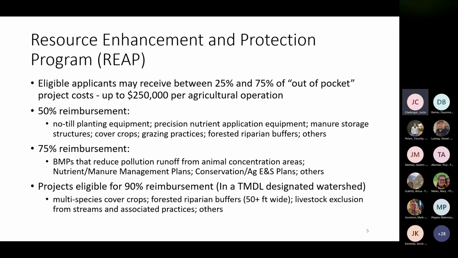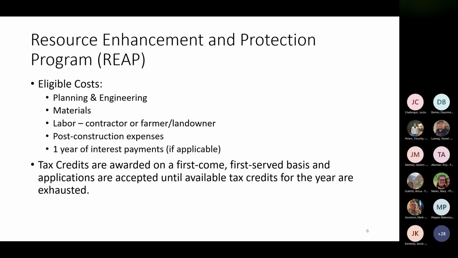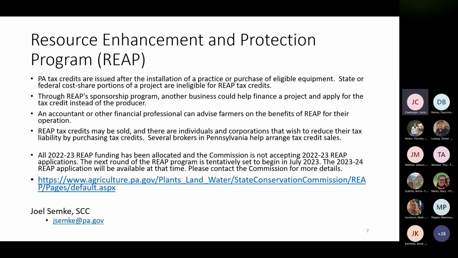The eligible costs are planning, materials, labor, post-construction expenses, and one year of interest payments if they have a loan. Again, it's first come, first served, and applications are accepted until all the tax credits are exhausted, which at this point they are for 2023.